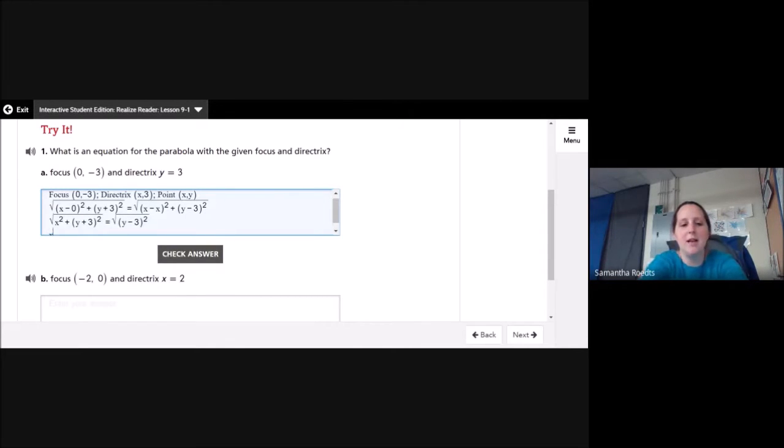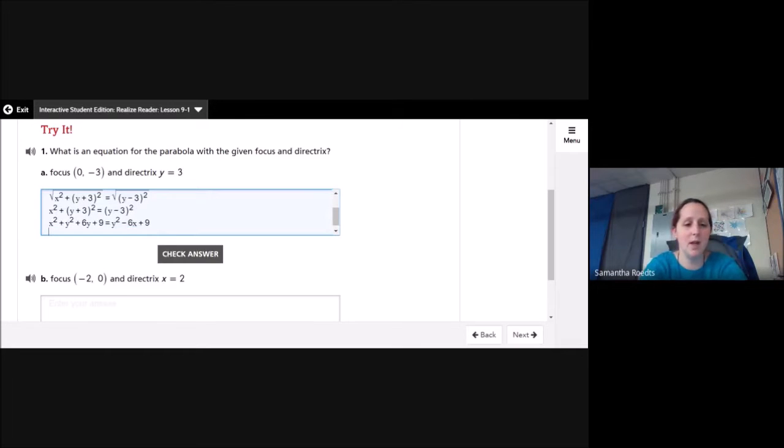That gives me x squared plus (y plus 3) squared, and all that's doing is getting rid of the square roots. Now I'm going to expand everything. (y plus 3) squared becomes y squared plus 6y plus 9, and that equals (y minus 3) squared, which becomes y squared minus 6y plus 9.